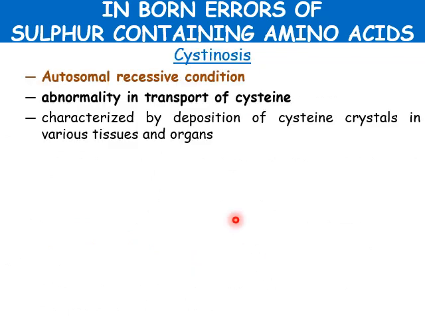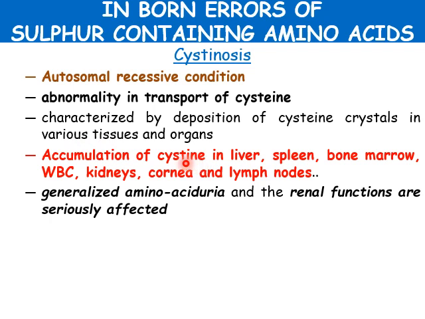Second defect, that is cystinosis. Again, it is an autosomal recessive condition due to abnormality in transport of cysteine, resulting in deposition of cysteine crystals in various tissues and organs, that is accumulated in liver, spleen, bone marrow, kidney, cornea, lymph nodes, and white blood cells.